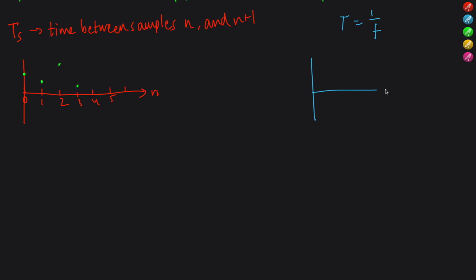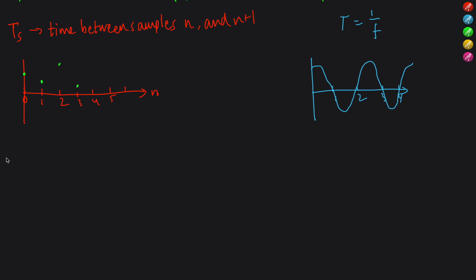So if we have a wave, like this, the period says how long it takes for one whole cycle to elapse. To start from here and go all the way up to here, it looks like it takes around 2.5 or 3 seconds. Frequency is the inverse of that. It says in 1 second, how many cycles have we completed? So they're inverses of each other. This is a good relationship to know.